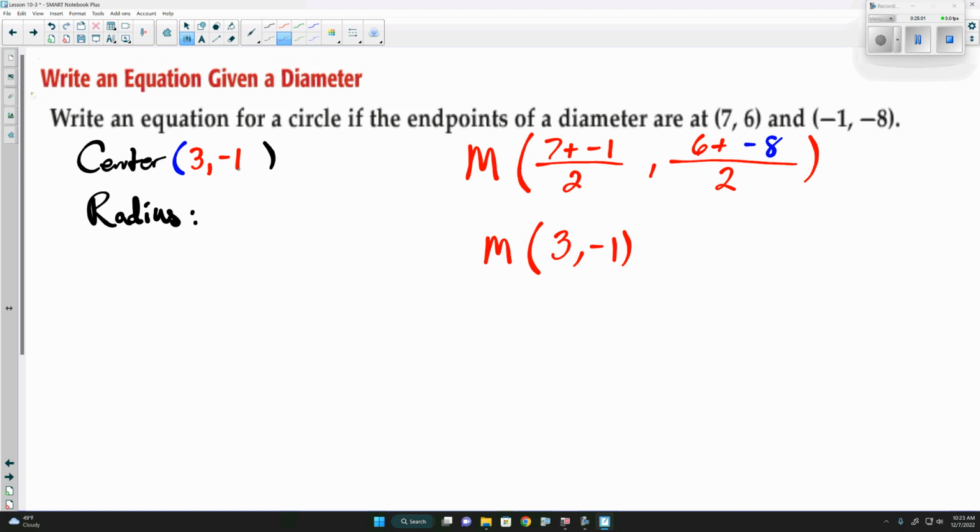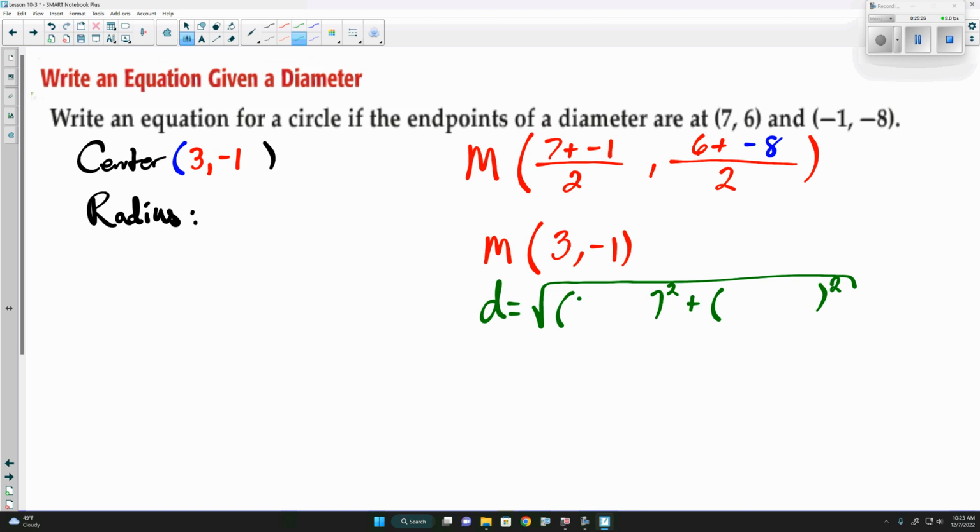So any questions on how we found the center? Nope. Now we can use the 2 endpoints to help us find the radius, but that would be the diameter, which we'd have to then divide by 2. But since we found the center first, to find the radius, we can use the distance formula. And we'd have our x values and then our y values.